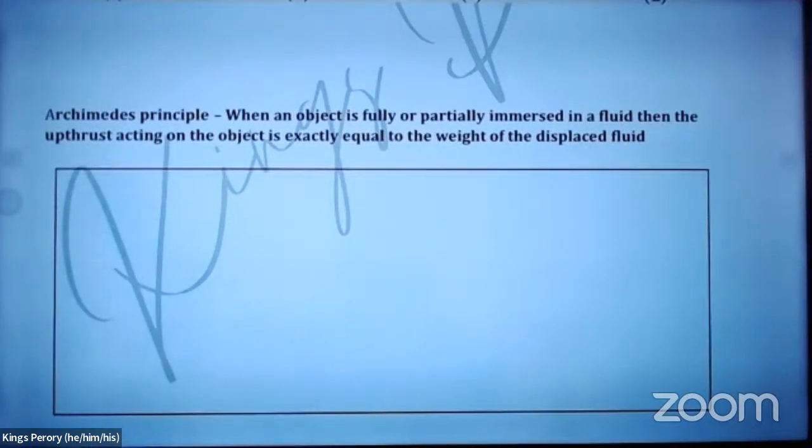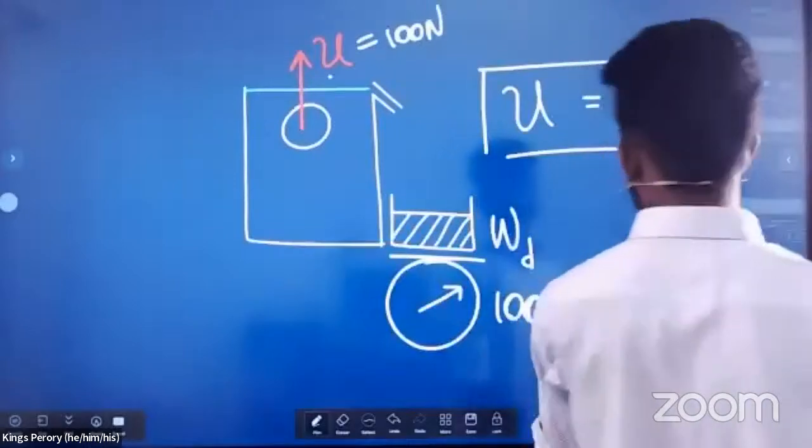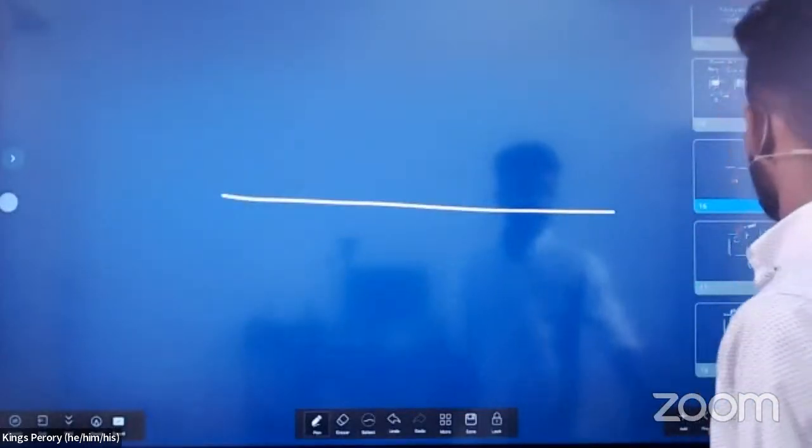And a box is given. Make it nicely, I'll draw.